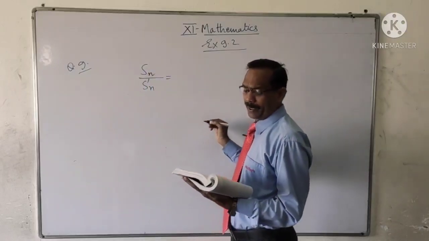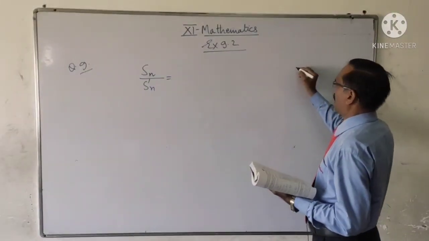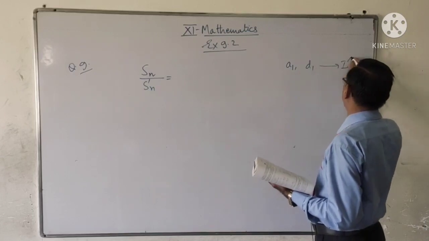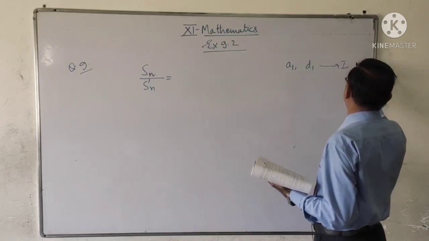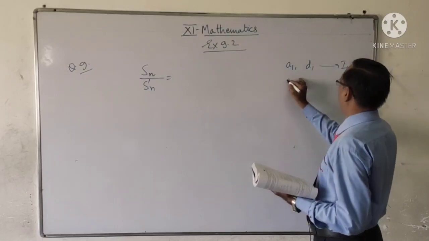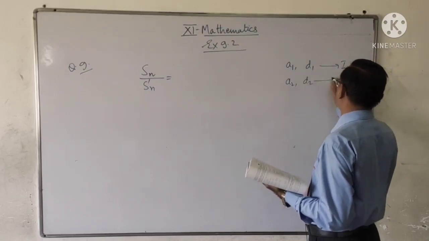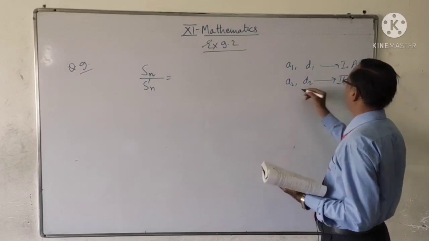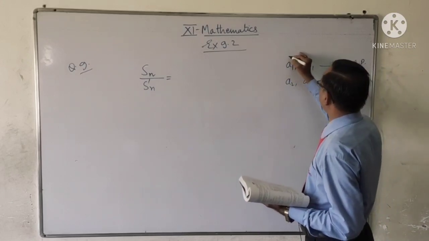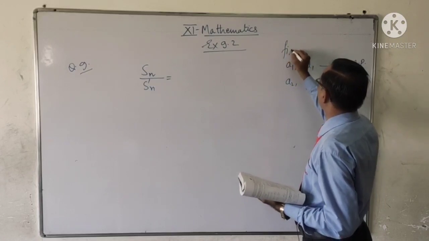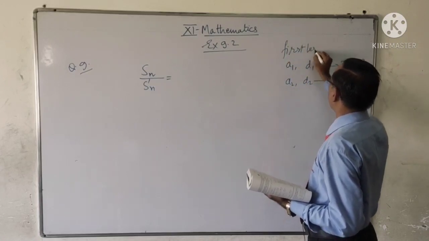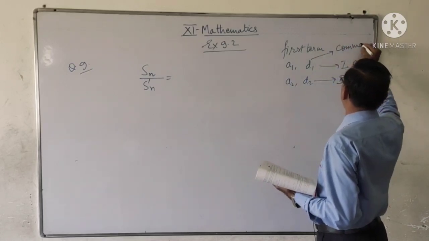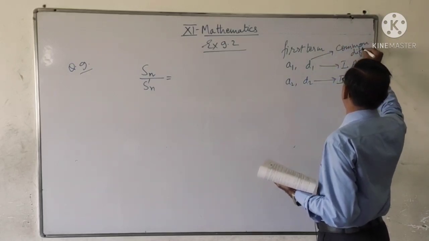There are 2 APs. Suppose A1 and D1 are the first term and common difference of the first AP, and A2, D2 are the first term and the common difference of the second AP.